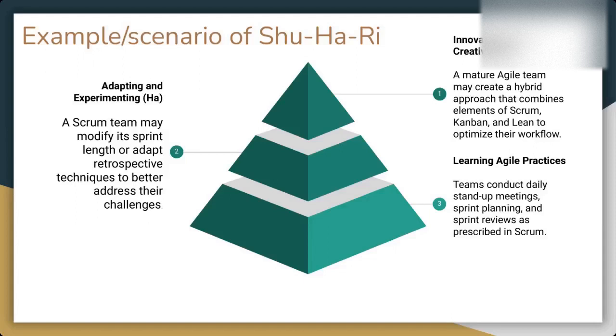What this team can do is, in the very first stage, which we are calling the Shu stage, they are basically adopting Scrum, which is perhaps the most popular agile project methodology, and they are following the principles of Scrum as per the Scrum guide, right?